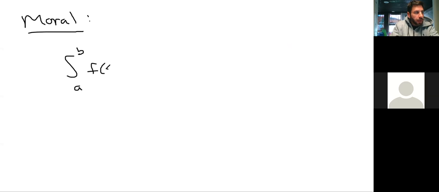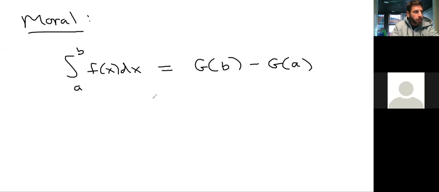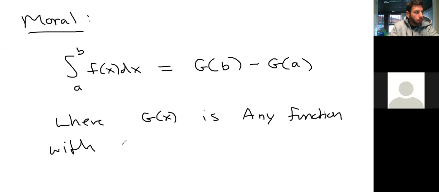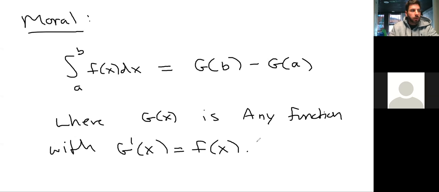The integral of f of x dx can be reduced to the difference g of b minus g of a, where g of x is any function that has the very simple property that g prime equals f. This will work.